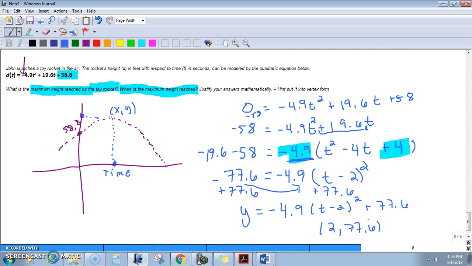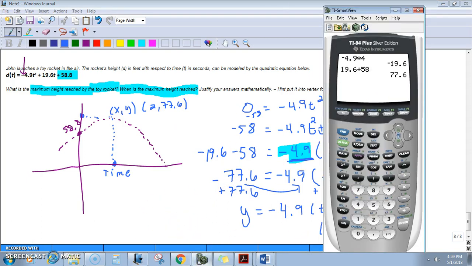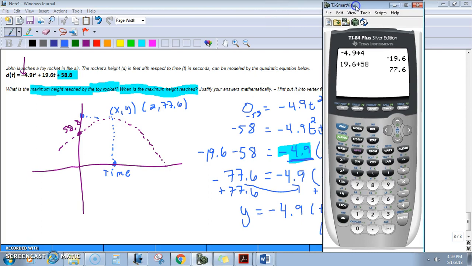So what does that mean? That means after 2 seconds, my rocket will be 77.6 feet high. And that's going to be as high as it goes, right? So this x, y here is actually 2, comma, 77.6.